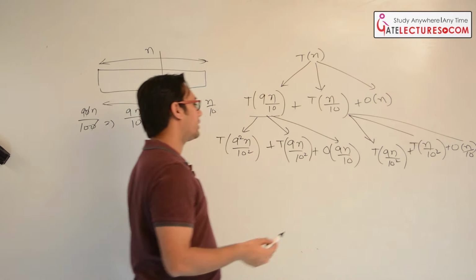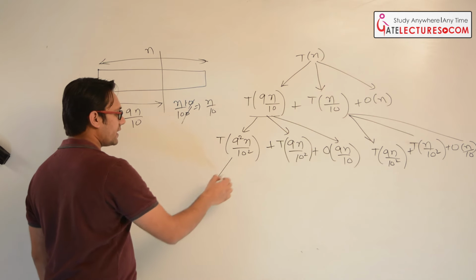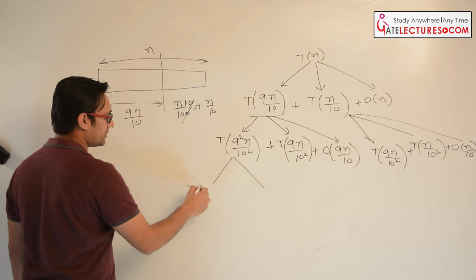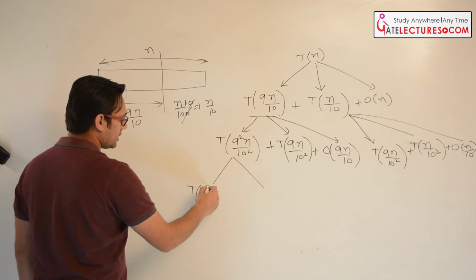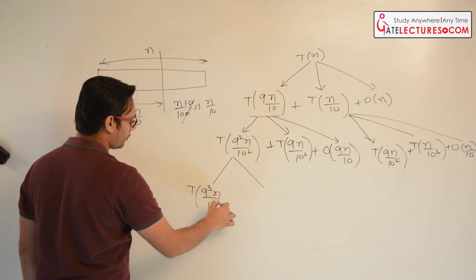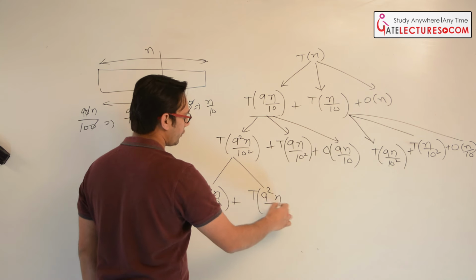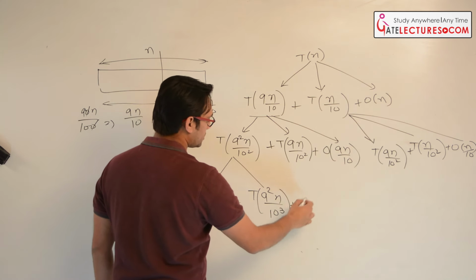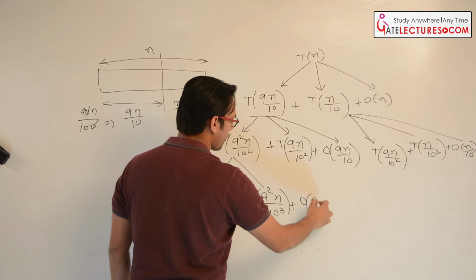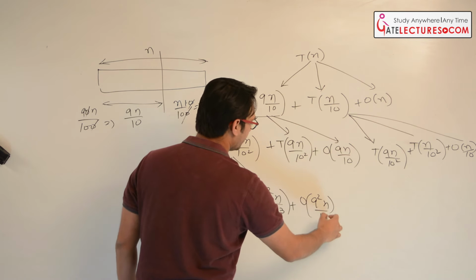Again you can extend this, so this will become 90% data items at the first half, that is T of 9 squared n upon 10 squared, plus 10% data items at the second half, plus time taken to sort this. Fine.